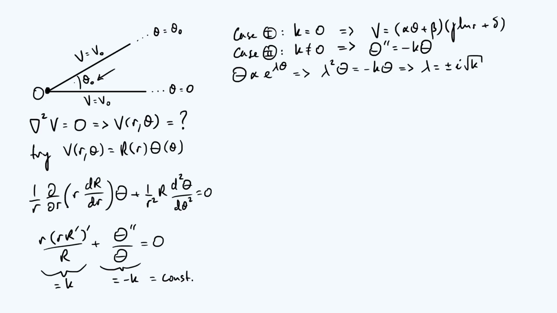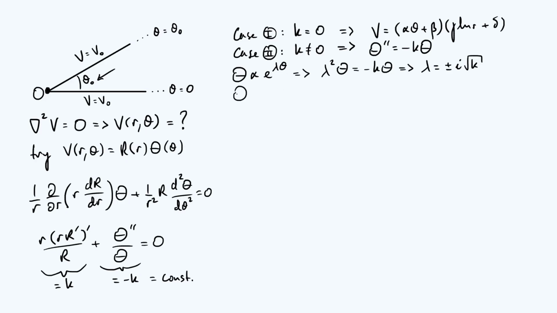And here, what I mean by that is that your v value is the same on the line theta is 0 and the line theta is theta 0. And so you don't really want your solution to be either growing or decaying as you go from the bottom plate to the top plate, right? You come back to the same value, and that suggests oscillatory solutions.